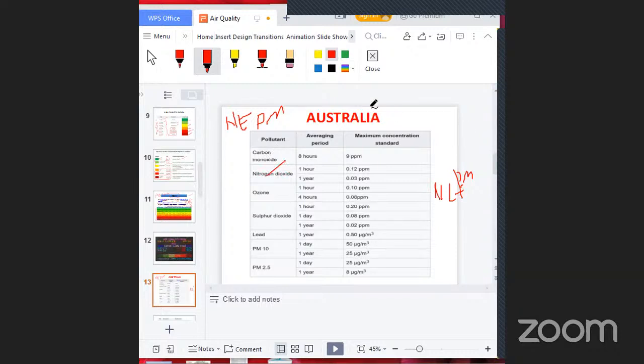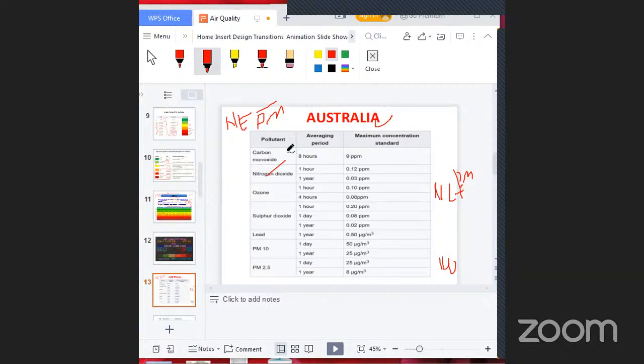Across Australia, a consistent approach is taken with air quality indexes using a simple linear scale where 100 represents the maximum concentration standard for each pollutant as set by the NEPM. These maximum concentration standards are shown here.